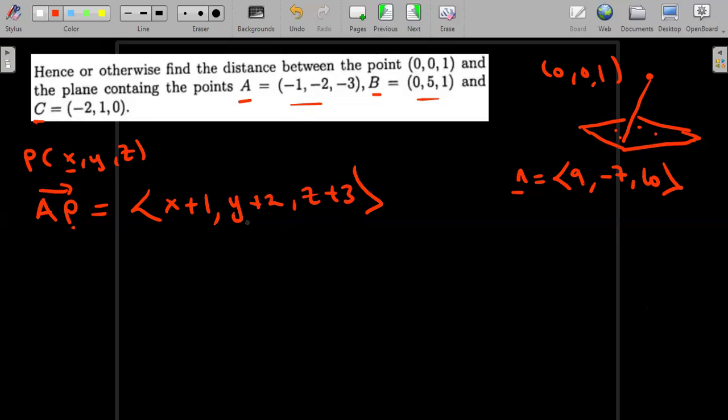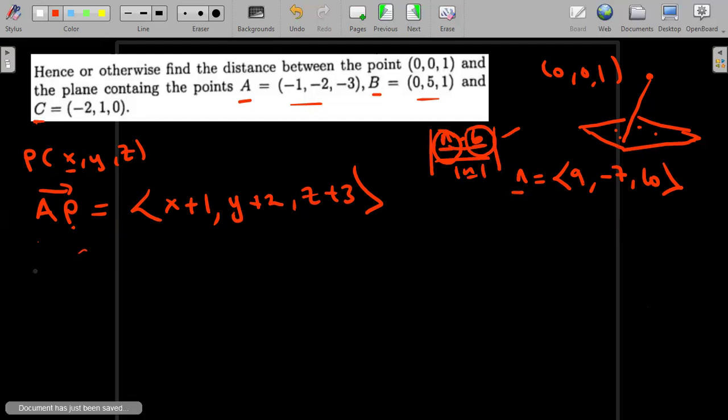So when you get this point, what you do next is, as you saw when we were deriving, we had n multiplied by that vector. So now this here is what we found. This is our AP. Then you have to multiply that with a normal vector, which is the one we found. This is just the equation of a plane.